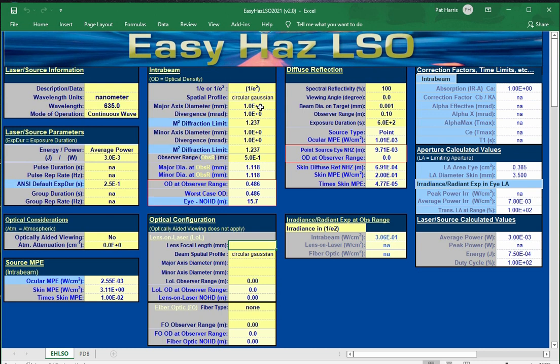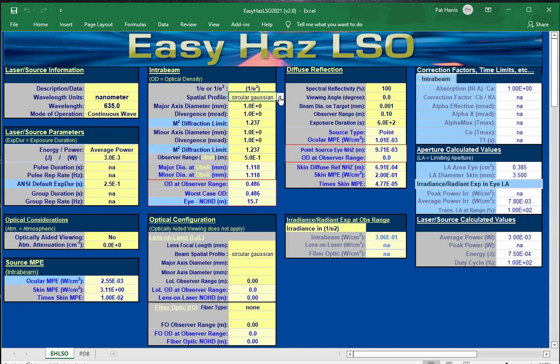But if I say these are my 1 over e, well then I would expect my NOHD to get shorter, not as long of a distance. Let's change it and see, because there's not going to be any conversion, right? It's going to use the 1 milliradian beam divergence. And sure enough, our NOHD goes down. Okay, so that's why we say if you're not sure, use 1 over e squared and you'll get a more conservative result.